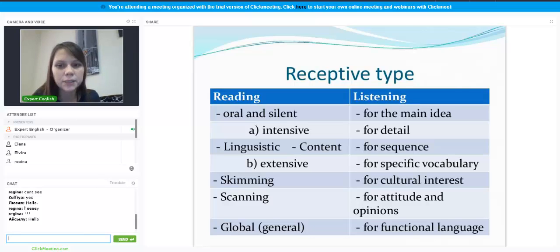Functional language means specific words, specific phrases which we use in this or that situation. But you can see here that when our students practice such kind of exercises, it gets really useful because in our everyday life we have to do the same.